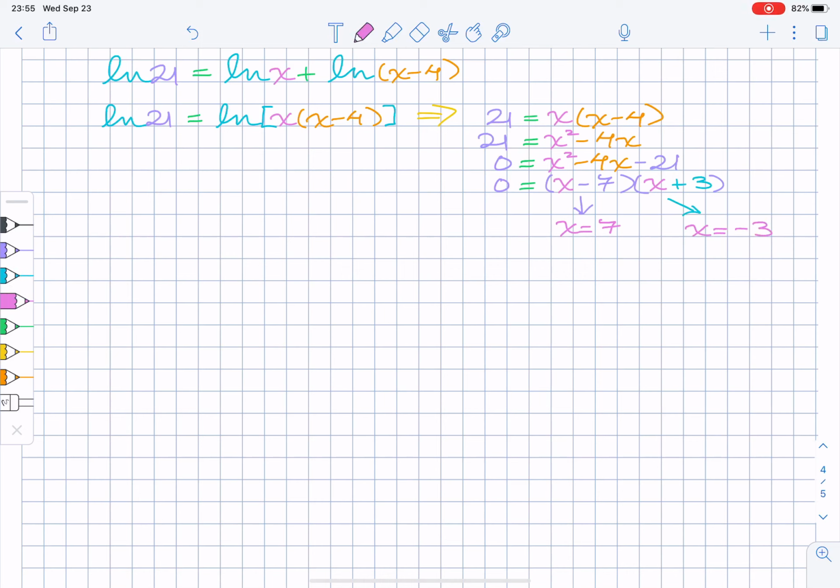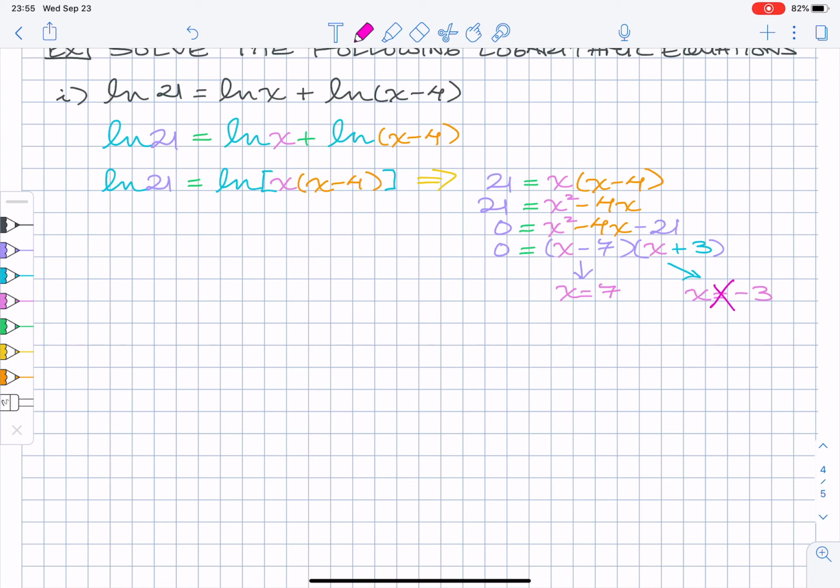But what's the domain of a logarithm? It's necessarily positive. So I know that this is impossible here. So the only possibility is x equals 7. That's the only value of x that satisfies that equation.